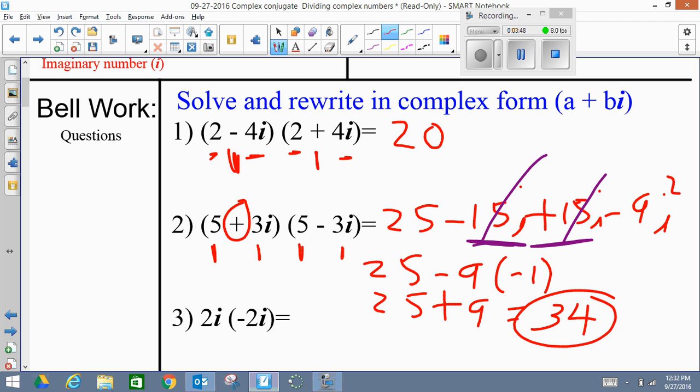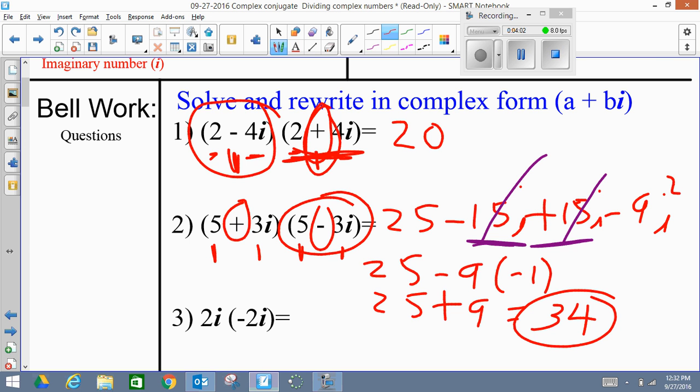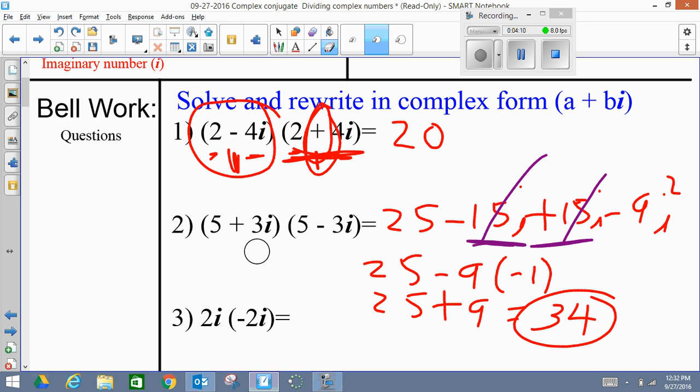What's the difference? The signs. So technically, I'm multiplying by the conjugate. The conjugate will be the second one. It's the first expression, but I only have to change the sign of the second one. So that's called conjugate. I'm going to show you the definition so we can do division.